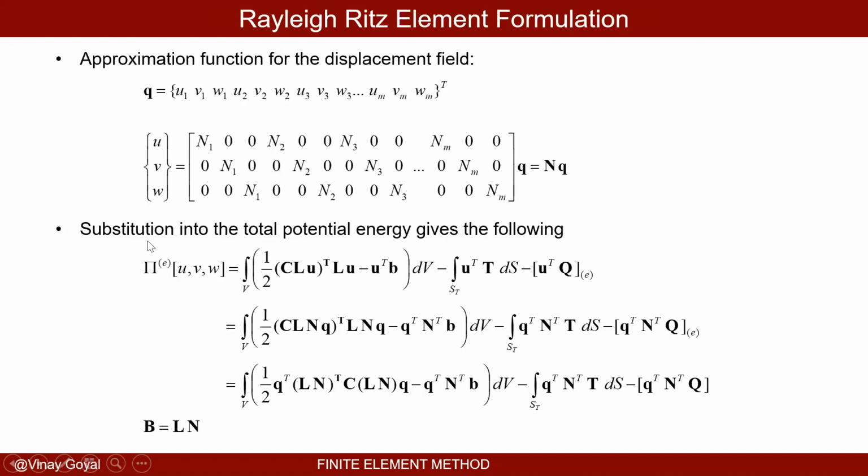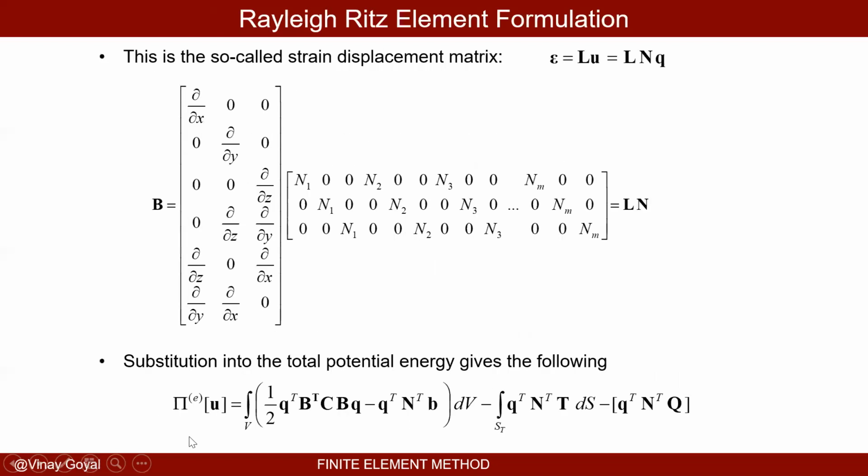So let's look at what B bold is. I have B bold to be L bold times M bold. L bold is a matrix operator, the differential operator. So I'm going to apply that on this shape function matrix. You can see easily that it's just this multiplied by that. So that gives you the partial with respect to x of N1 and so forth.